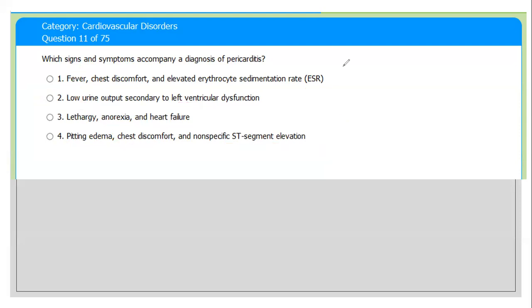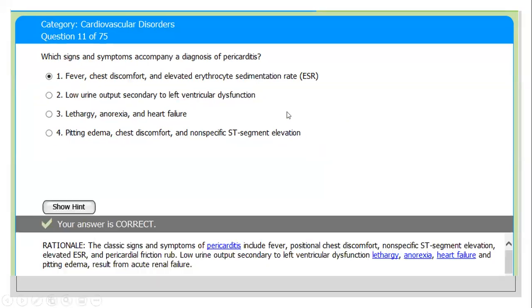So the correct answer is A. The classical signs and symptoms of pericarditis include fever, positional chest discomfort, non-specific ST segment elevation, elevated ESR, or pericardial friction rub.